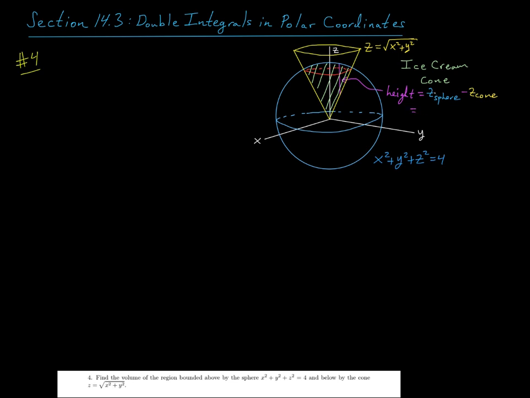Well, the z sphere, right, we have the equation of the sphere here, and since we're looking at a portion of the top half there, we'll take the positive root of 4 minus x squared minus y squared. And then we're subtracting from that z cone, which is just the square root of x squared plus y squared.